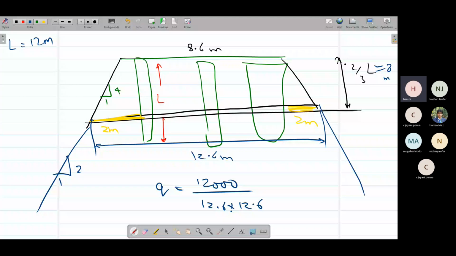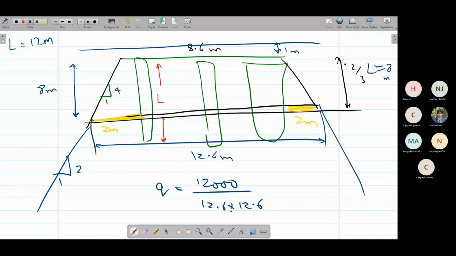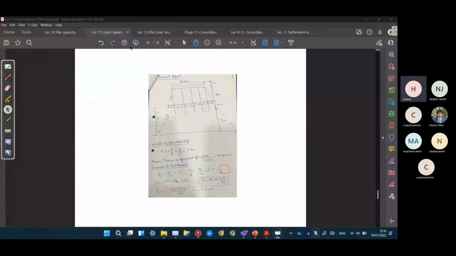Because 8 meters is up till this portion, and it is written in the question that this pile group is lying 1 meter below the ground surface. This is 1 meter. So D, the depth, is 8 plus 1, 9 meters. L over B ratio is 1 and all that.